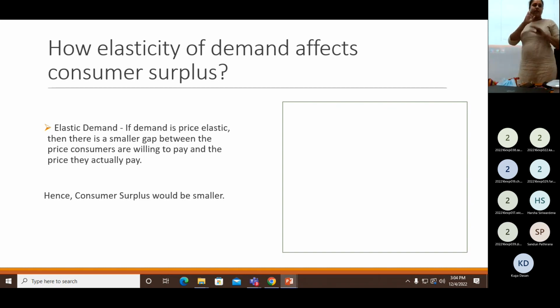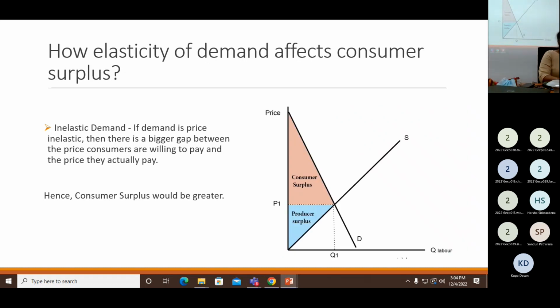Draw an elastic demand and a normal supply curve, identify equilibrium, everything, and identify the consumer surplus. You can refer to this, but you have to draw elastic demand, okay? Flatter curve.